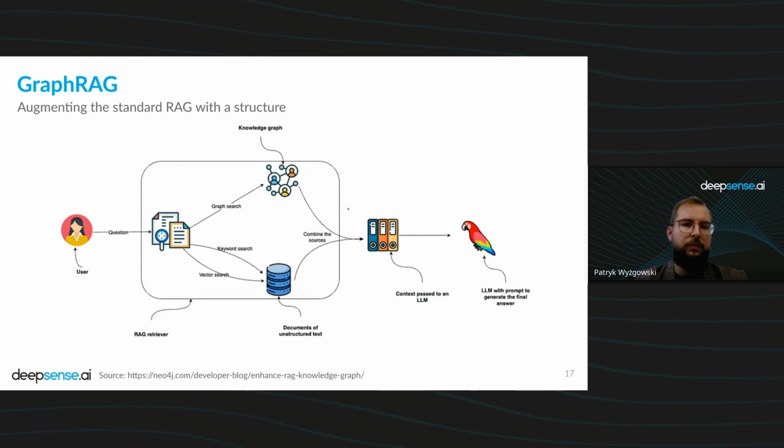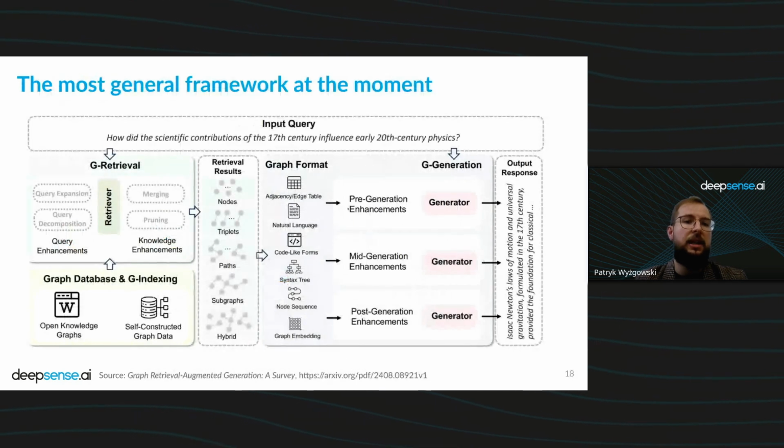So I will also mean GraphRAG in this particular scenario. And one of the papers I've mentioned does a similar thing, because they define the GraphRAG framework in its full generality and glory, but it's much broader than the topic of our talk.